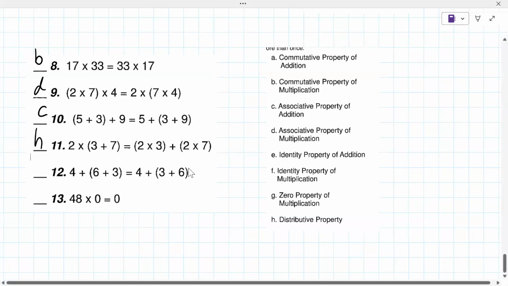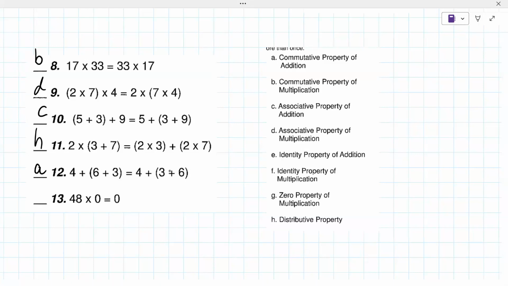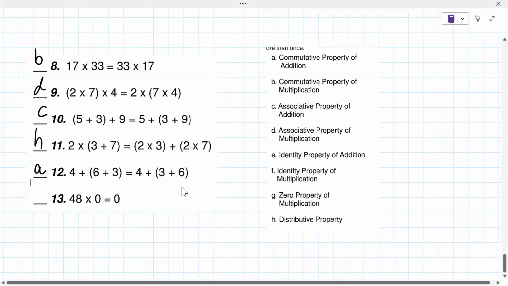This is a good one because it has parentheses, but they just switch what's in the parentheses. So yes, that's correct. And then 13 is F.